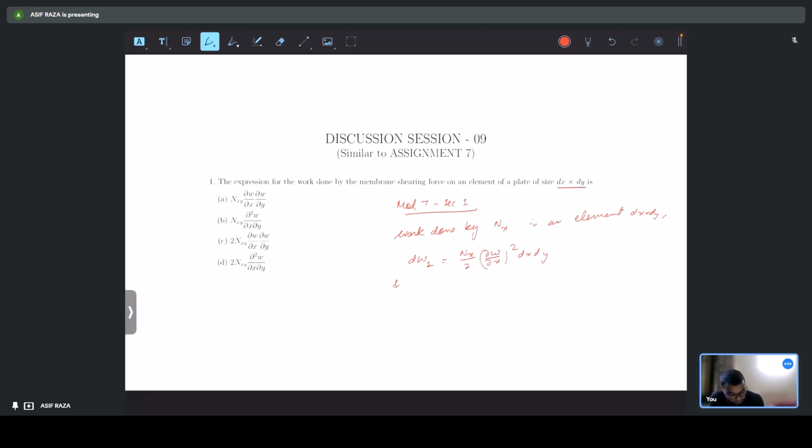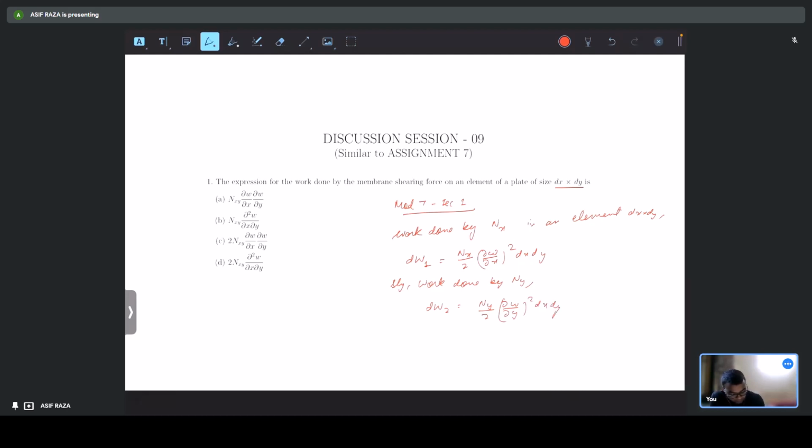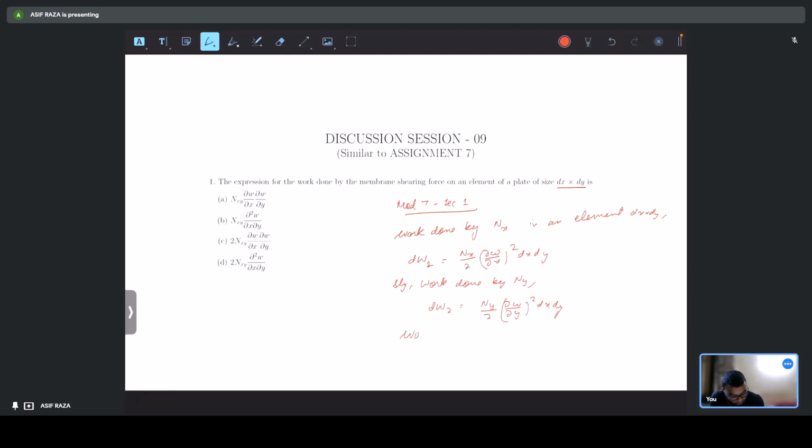Similarly, work done by Ny is given as Ny by 2 (del w by del y) whole square dx dy, and work done by in-plane shearing force Nxy is given by Nxy del w by del x del w by del y dx dy.